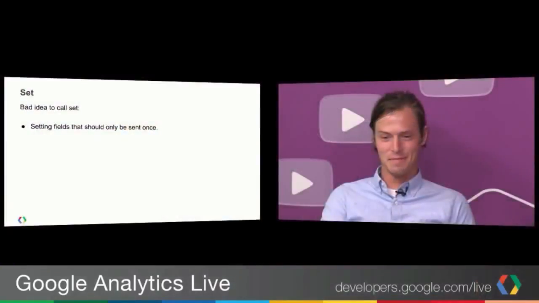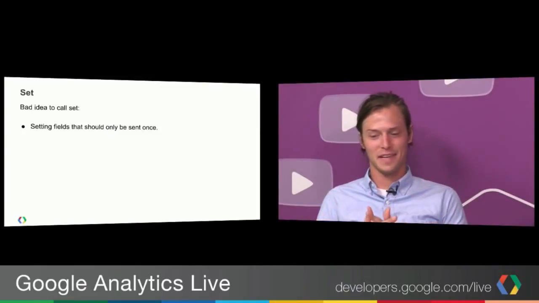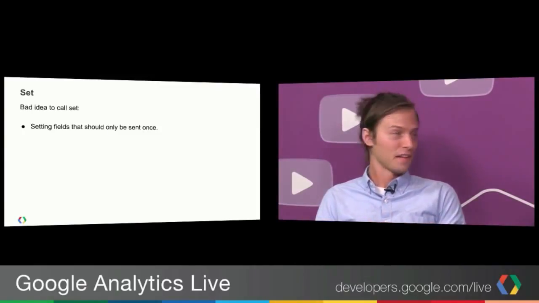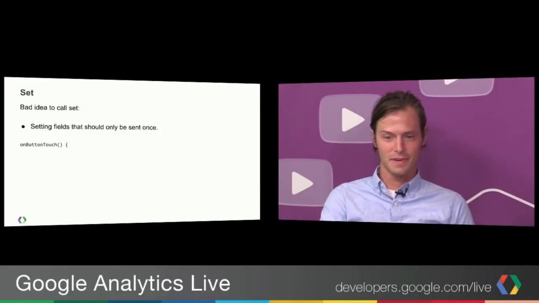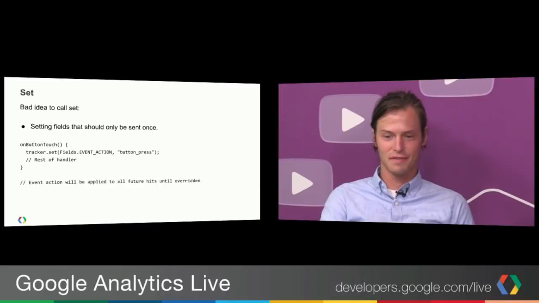And then there are some bad places to use this, right? Basically when you use this to set fields that you are only going to send once. I think that's where most people will run into trouble. Yeah, that's correct. The example we talked about was an event action.